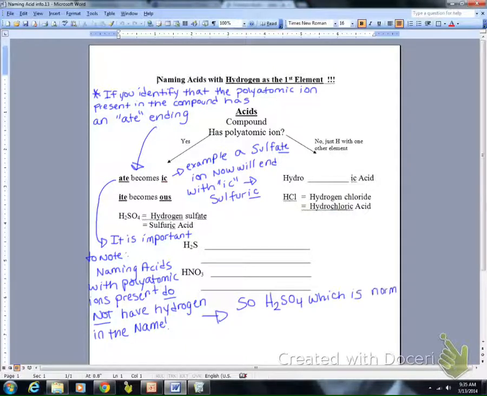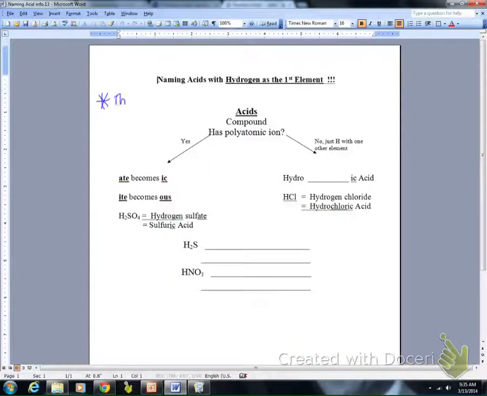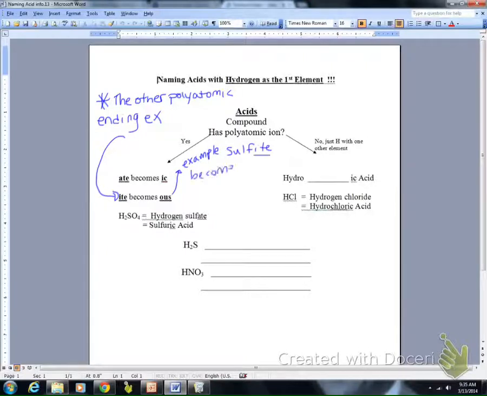So if I had H2SO4, which is normally hydrogen sulfate, using my knowledge of naming polyatomic ions that are acids, I would create that name as sulfuric acid. The other polyatomic ending is the ite, so you would follow the ite becomes ous rule. So if we have sulfite as our polyatomic within our compound, it would become sulfurous acid.